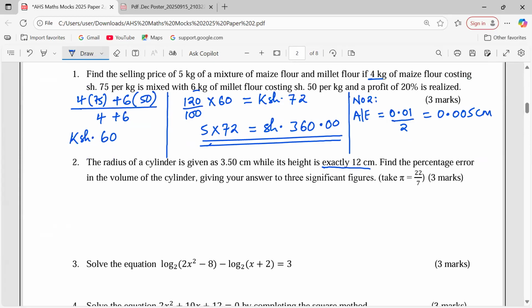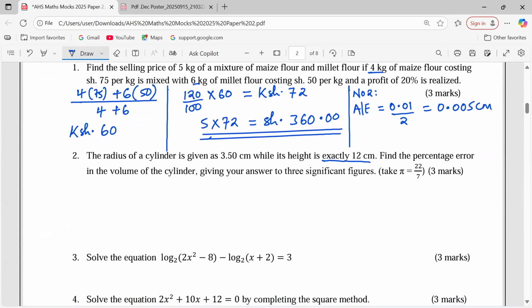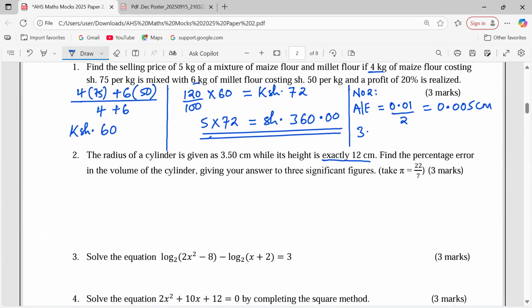Then now, this absolute error is what shall help us to know the range for the radius. So we take 3.50, we add or subtract 0.005.